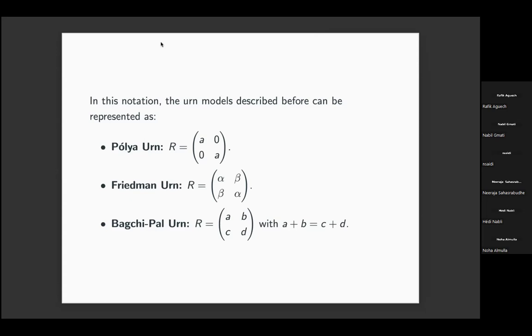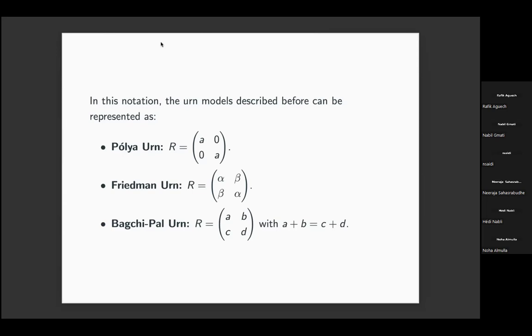Similarly, if I draw black, I add C many white and D many black, and C plus D is the total number of balls that I'm adding at that step. So A plus B equals C plus D ensures that I am adding the same number of balls at every step. And the total number of balls in the urn is growing linearly.